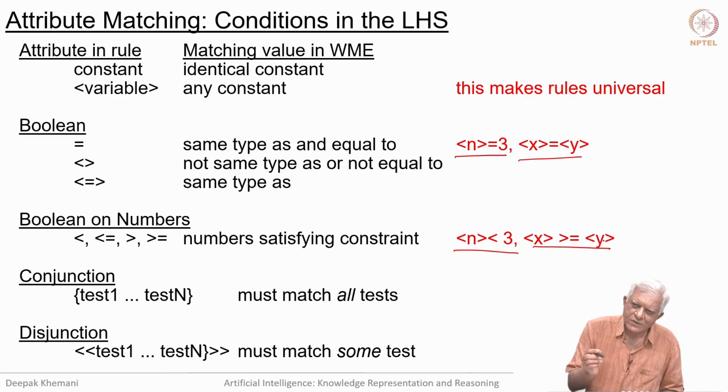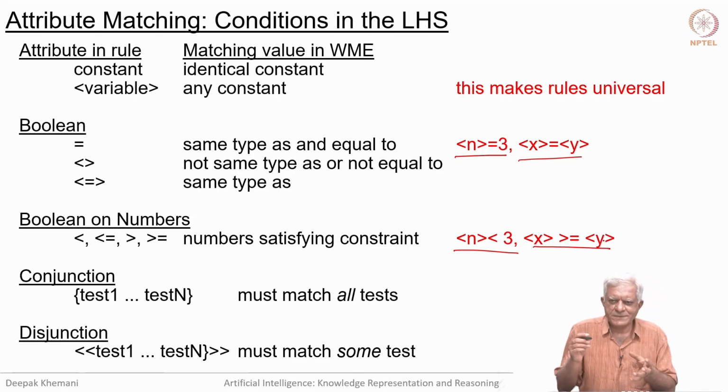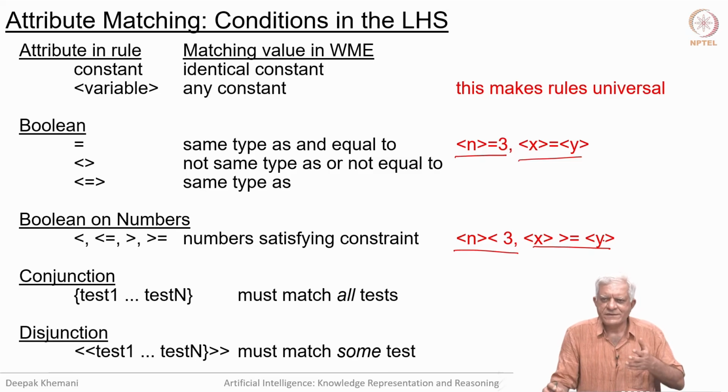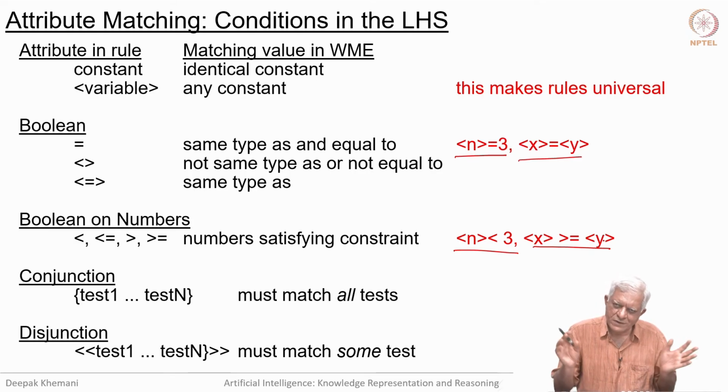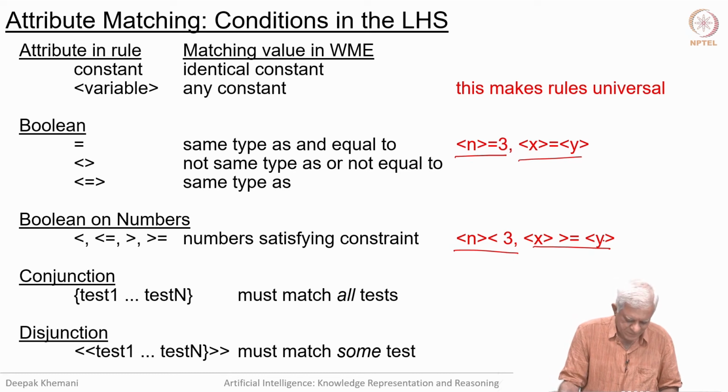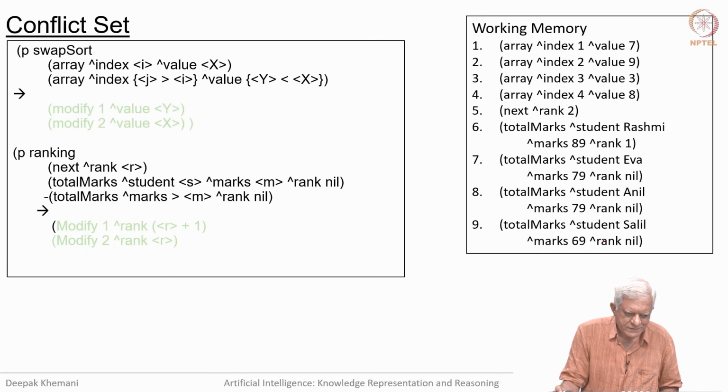Likewise, I can do a disjunction of tests, that the number must be, let us say, less than 30 or greater than 40, which means I am excluding all numbers between 30 and 40. So, if I say less than 30 or greater than 40, that means 16 would match, 47 would match, but 35 would not match. So, in that sense it is quite powerful.